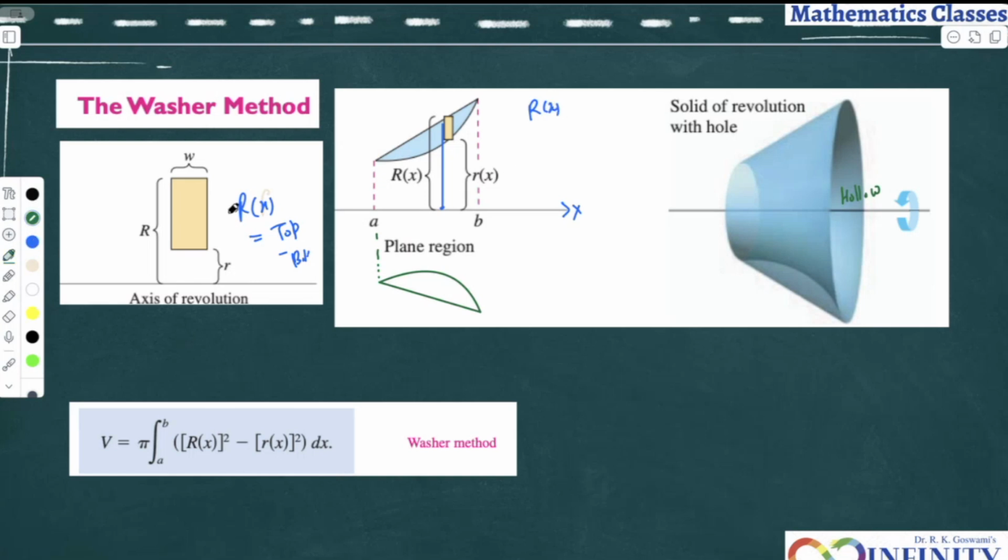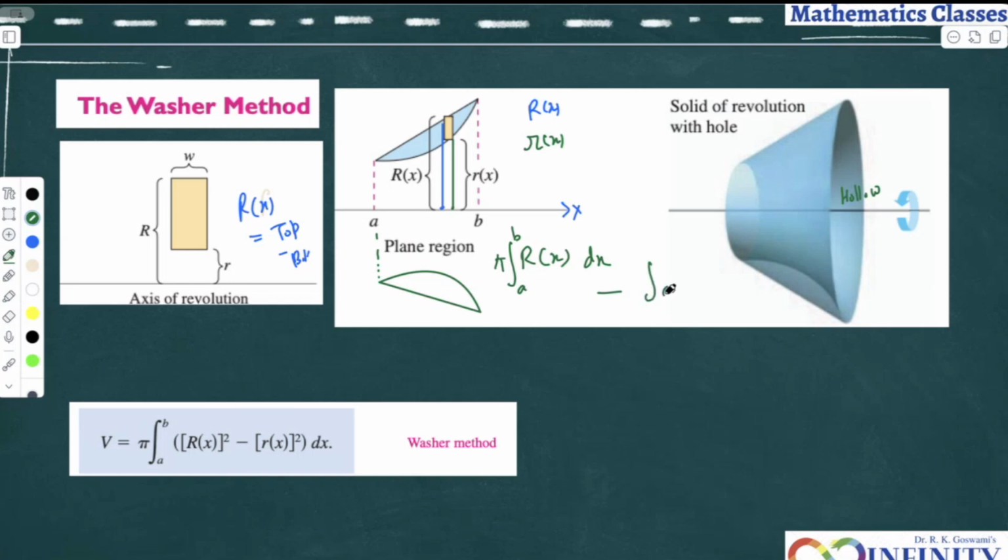Similarly, you choose the same point and get a radius with the lower type of function. This is going to be your small Rx. If I write the integration from a to b of R(x) squared dx, this will give me, using the disk method, the volume bounded by this straight line.